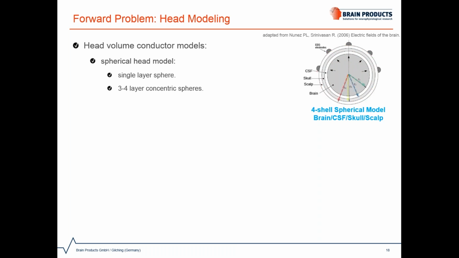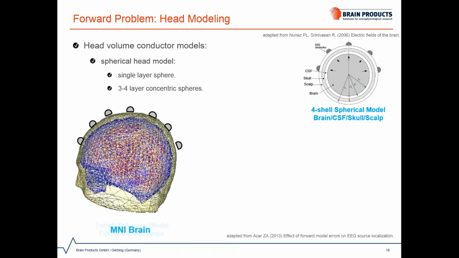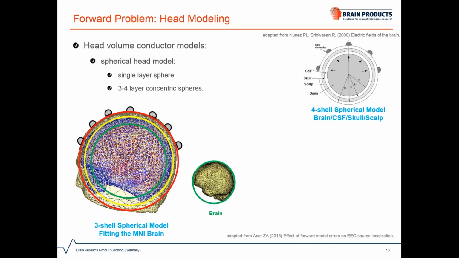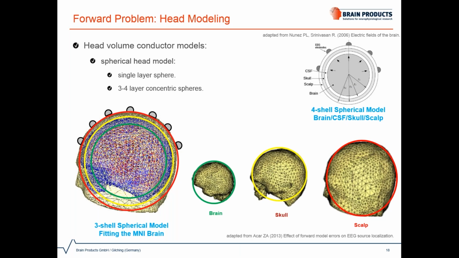All spheres share the same center with different radii. These radii can be adjusted to fit a sphere to the MNI brain. Because of their simplicity and ease of computation, the three-layer spherical models are routinely used in most clinical and research applications for approximating the brain, the skull, and the scalp.